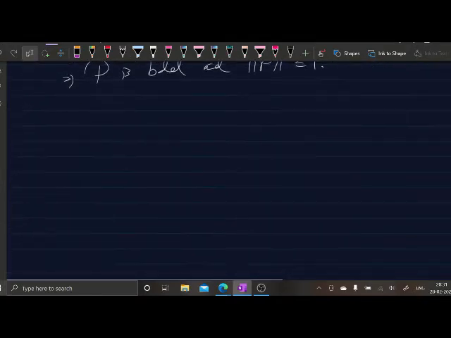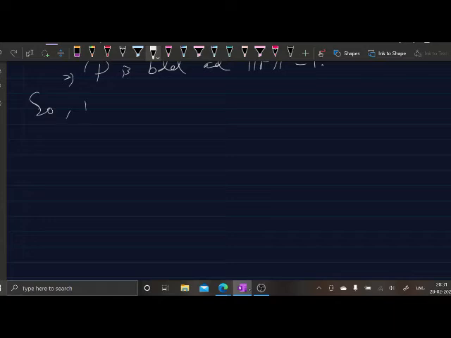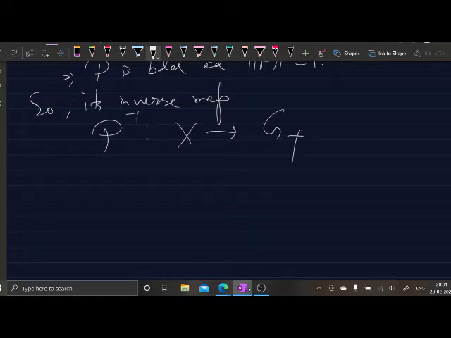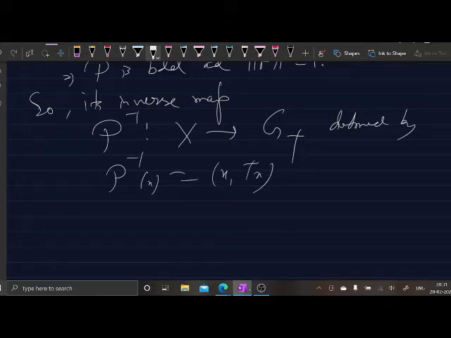So therefore its inverse map, P inverse from X to G_T, defined by P inverse of x goes to (x, Tx), is also linear and bounded. Okay. So this is linear and bounded.